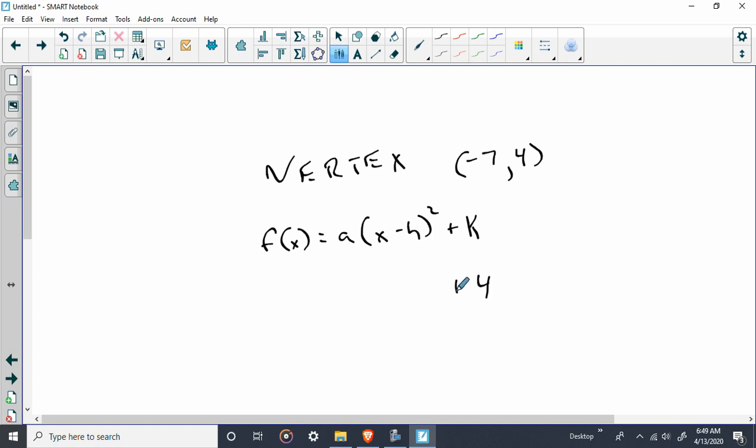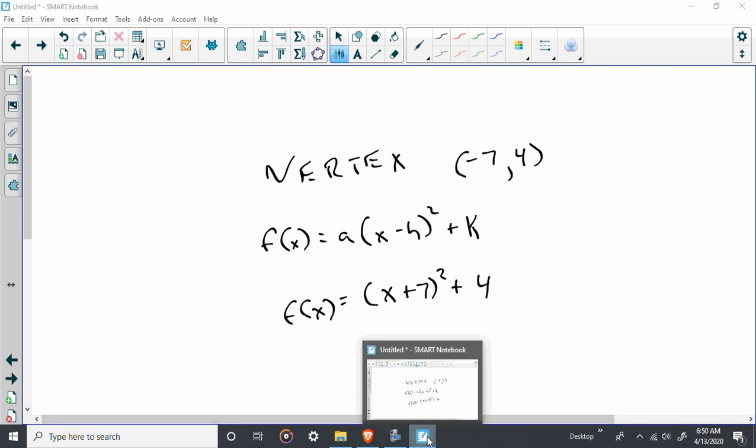The thing we have to remember is that because there's a negative here and a negative here, we have to flip that sign. So that's going to become plus 7 squared. I'm not really worried about the steepness right now. So x plus 7, plus 4 should have a vertex of (-7, 4).